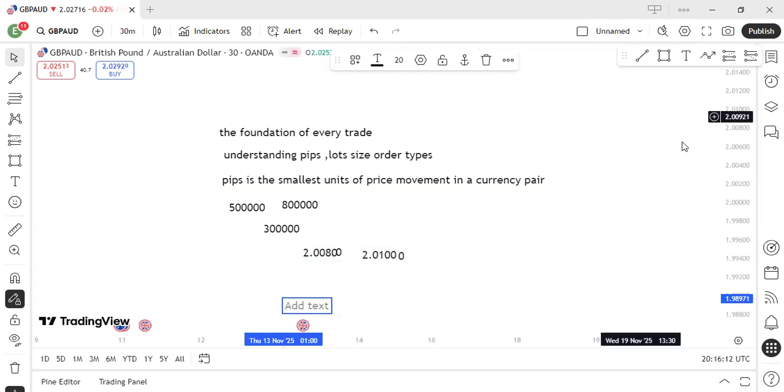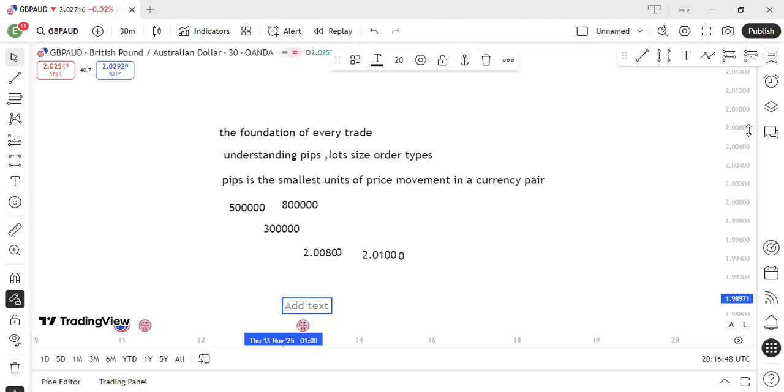That is price moving from here to this point. Now, if you want to calculate the movement of the market, price moves from this price to this price. So what you do is you minus this one from this one, and that is what you have.